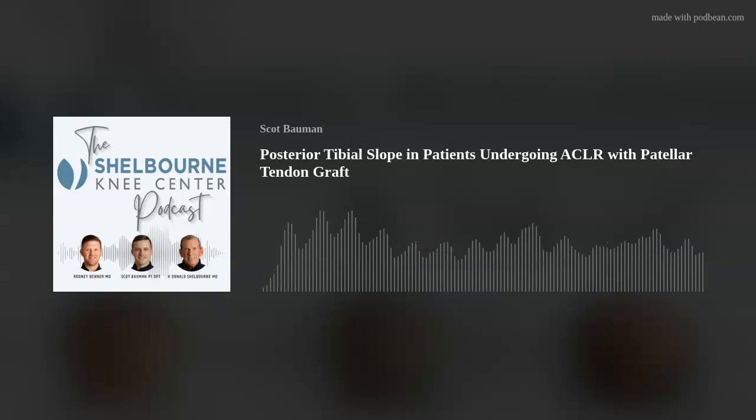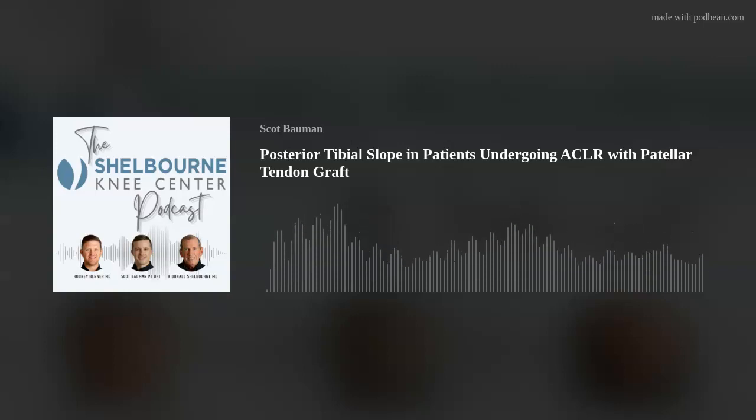A lot of different graft types are available, as you know: quadriceps tendon grafts, hamstring grafts, allografts, and then patella tendon grafts. We have in the past and continue to believe patella tendon grafts to be the gold standard graft, but over time the pendulum has swung from patella tendons away towards all soft tissue grafts with hamstrings.